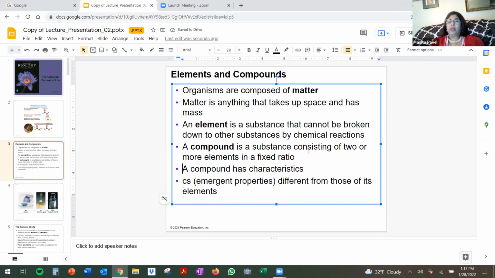So that's the fixed ratio of water. The compound has characteristics that are different from those of the elements. So hydrogen has its own characteristic, oxygen has its own characteristic, and when two atoms of hydrogen combine with oxygen, you get the water molecule or water compound, which is a 2:1 ratio.